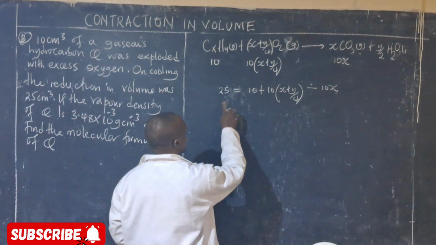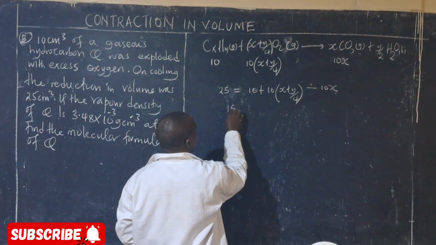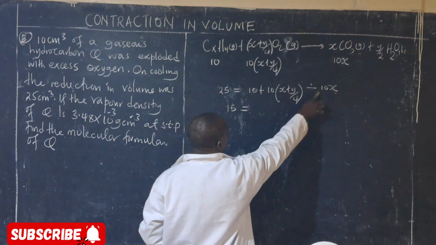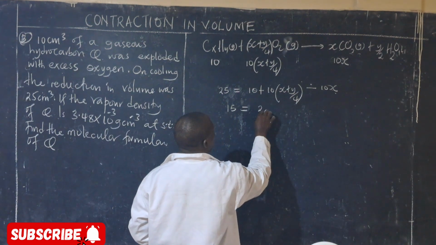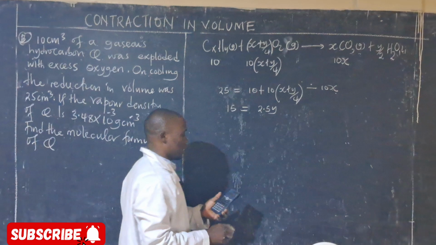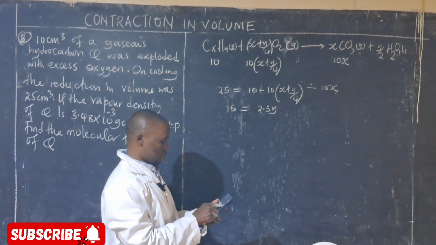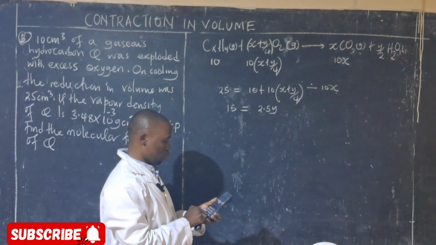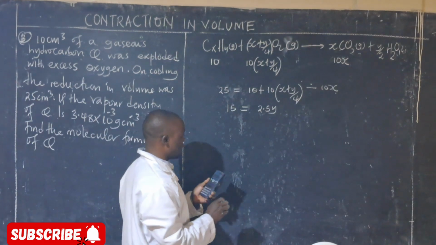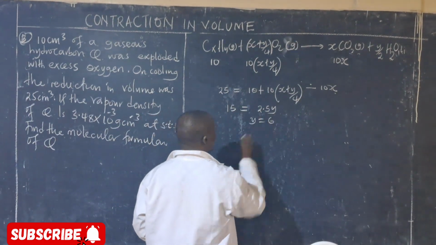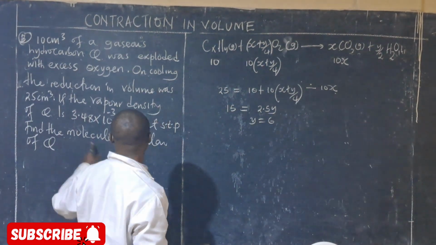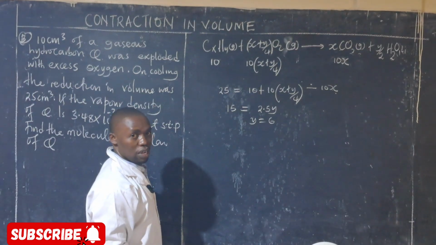Handling the maths, 25 minus 10 is 15, giving us 10x cancelling with that. So it gives us 2.5y. Dividing, 15 divided by 2.5 gives us 6. So y is 6.